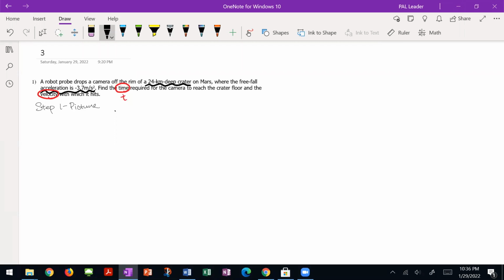So we have a crater, and it's not going to be a fancy crater, and that's okay. We have a camera that is going to do a free fall. It's going down, and the crater is 24 kilometers deep. We'll put that there.